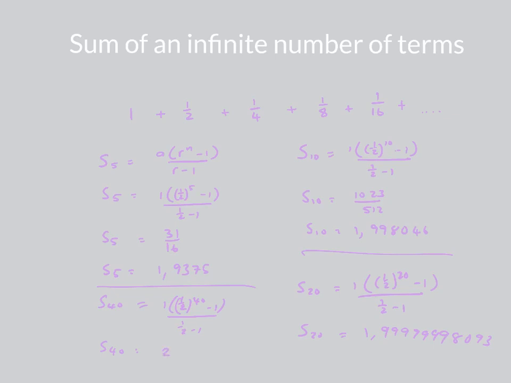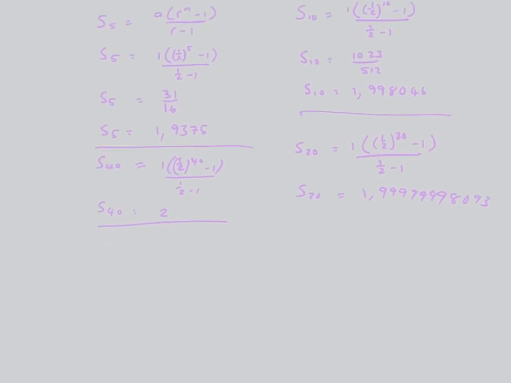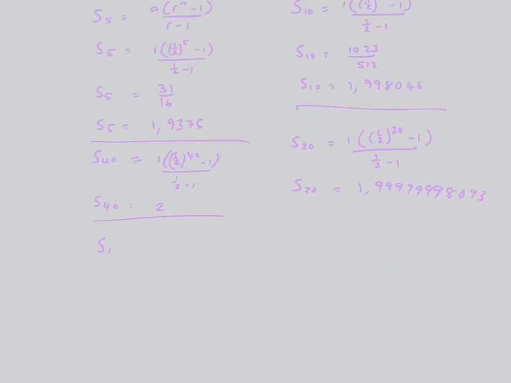And if you find the sum of the first 100 terms, that is also equal to 2. And even if you go up, if you make n equal to 1,000,000, add up 1,000,000 different terms, it's never going to exceed 2.